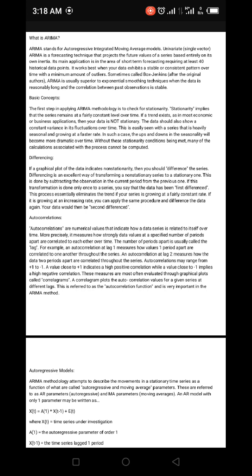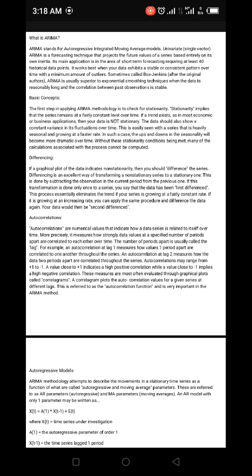The process of trying to see how the data are related to each other is called lag. Referring from the current year back to the previous year is what we call lag 1, and we also have lag 2, that means year 1, year 2.